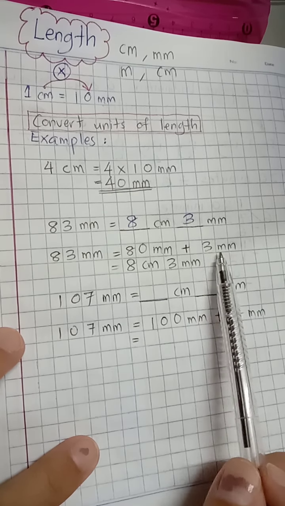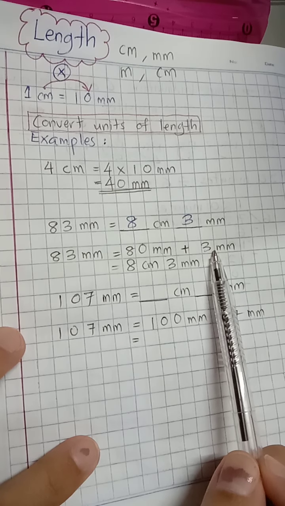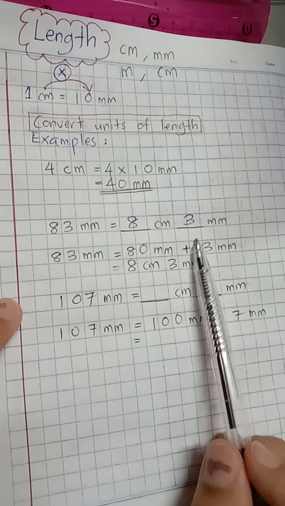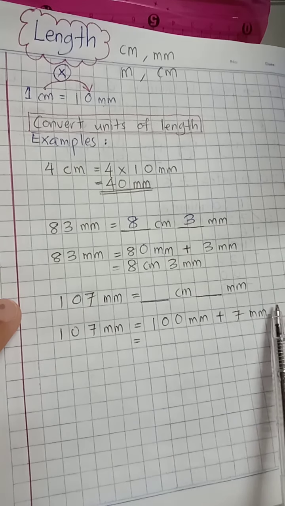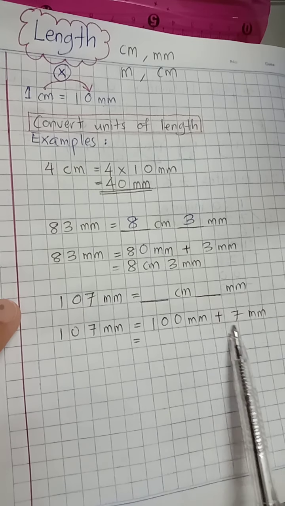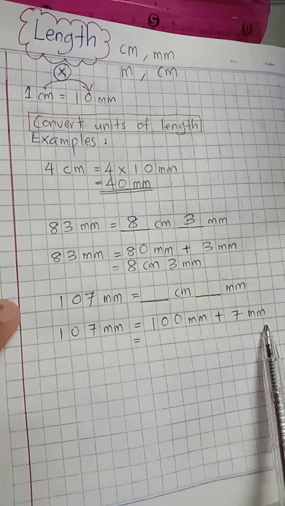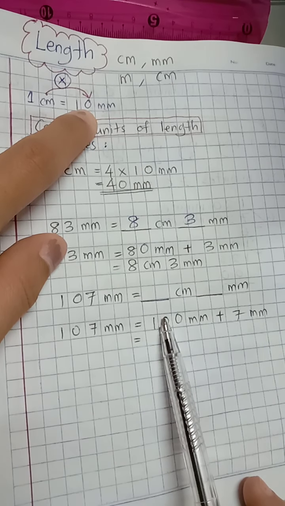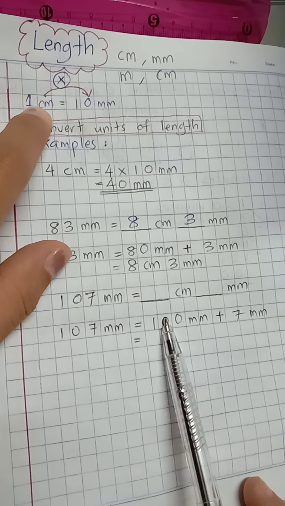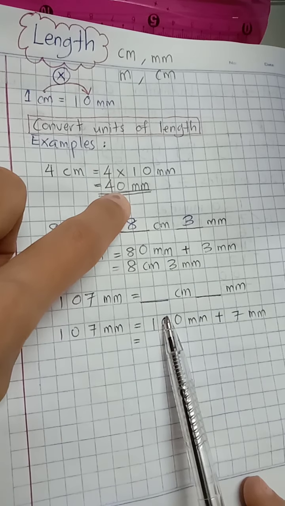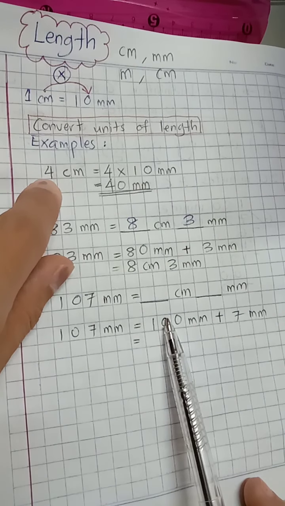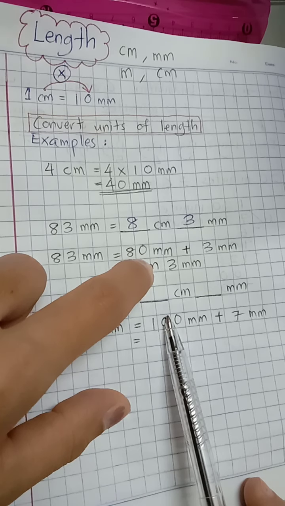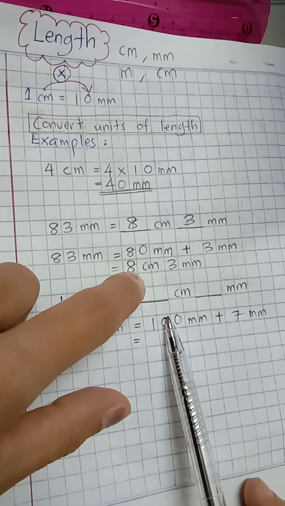Because if it's 10 millimeter, that is already 1 centimeter, isn't it? So if you look at here, this one is less than 10 millimeter. This one is also less than 10 millimeter. So you have learned, if you have 10 millimeter, that is 1 centimeter. If it is 40 millimeter, that is 4 centimeter. You can see the pattern. Yes. 80 millimeter, that is 8. Okay.